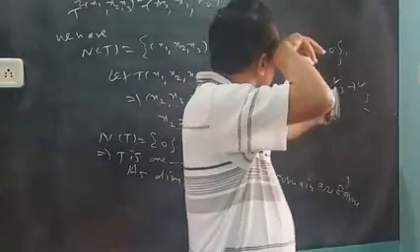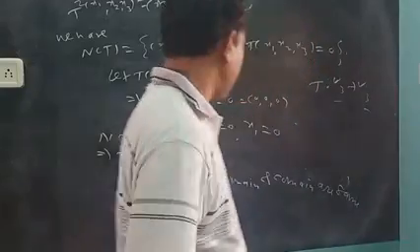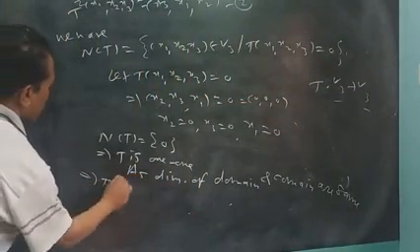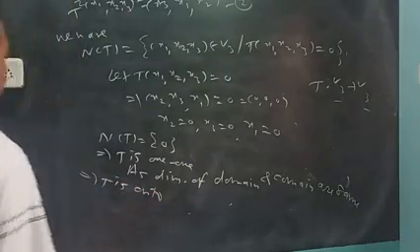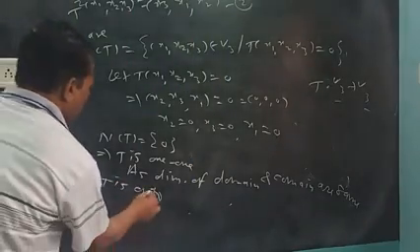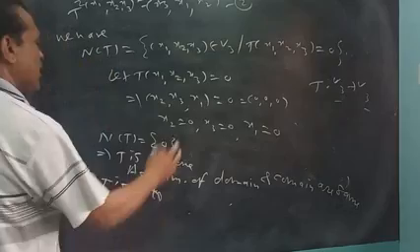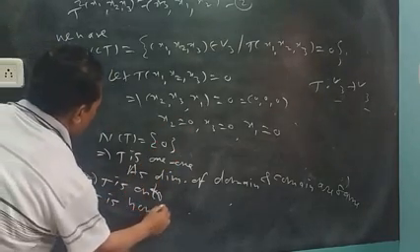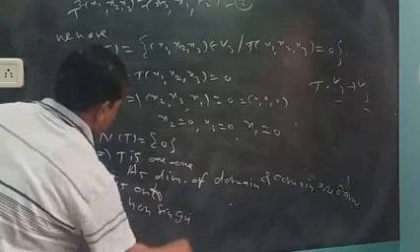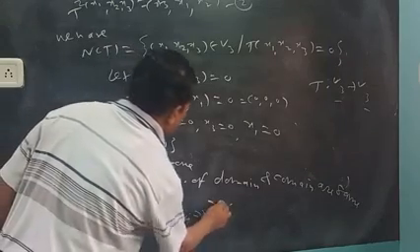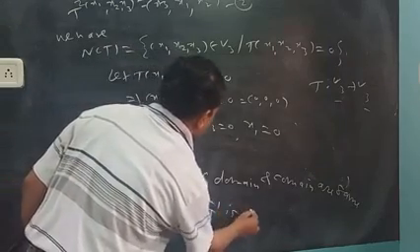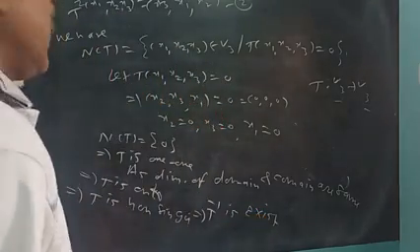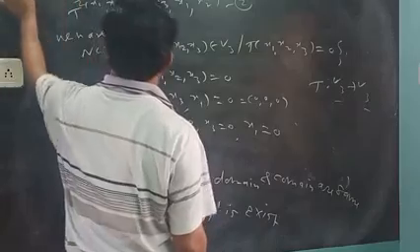So by theorem, T is both 1-1 and onto. When T is 1-1 and onto, T is non-singular. And then the inverse exists. T inverse exists. So find that T inverse.